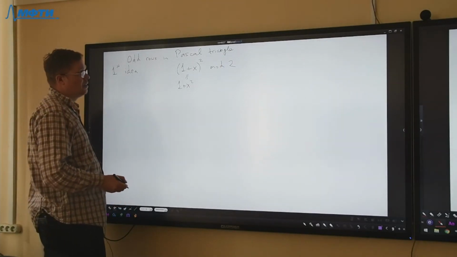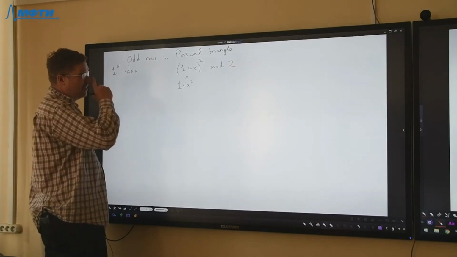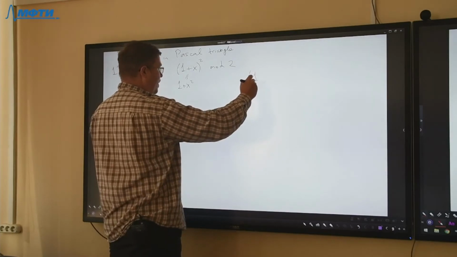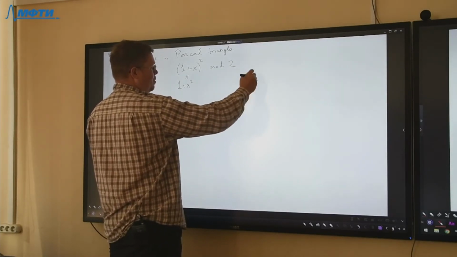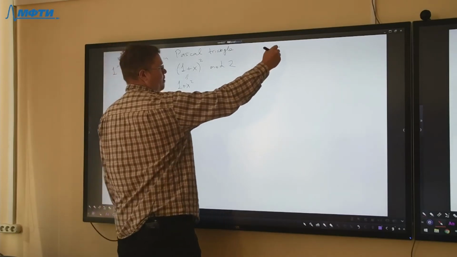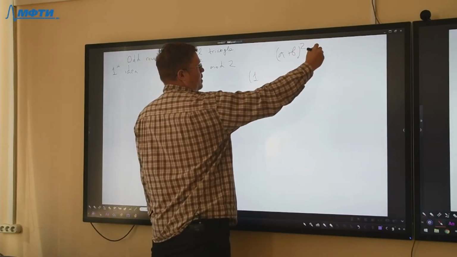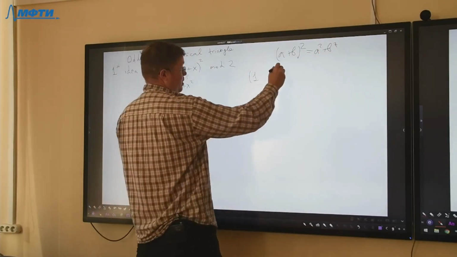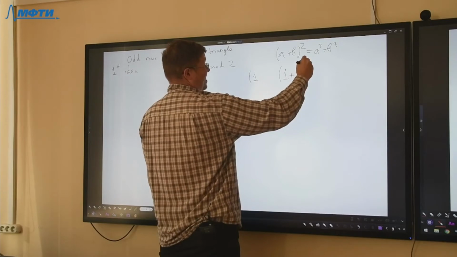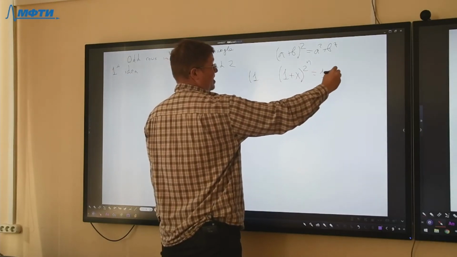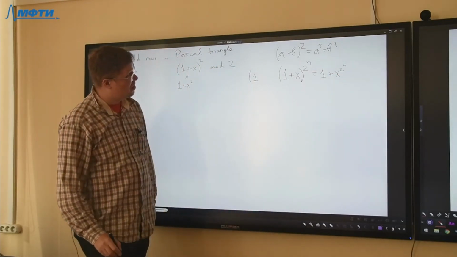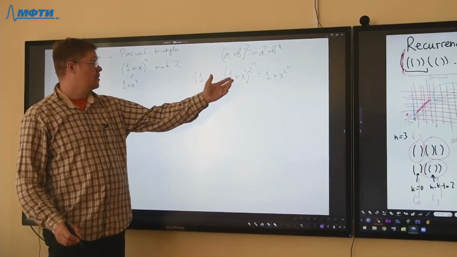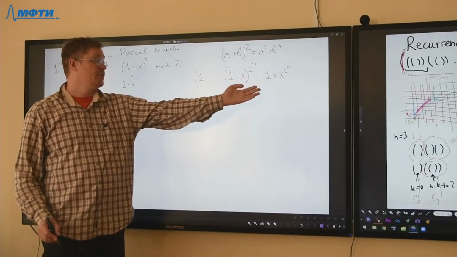And if you know that modulo 2, (a + b)² is a² + b², you just take this formula, and also this formula, because the same holds here, since I can take squares, fourth powers and sixth powers, and this will be the same.